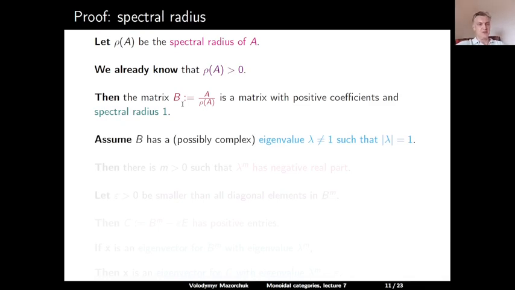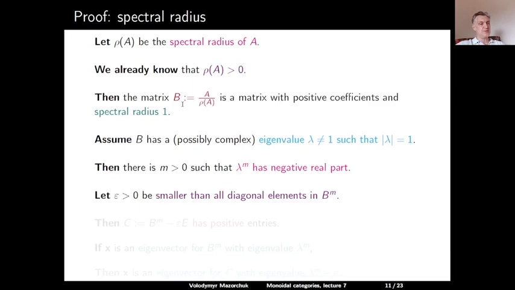Assume that the matrix B has an eigenvalue, a possibly complex eigenvalue lambda, which is different from 1, and such that the absolute value of this eigenvalue is equal to 1. Then, of course, there is some positive integer power m, such that lambda to the power m has negative real part.